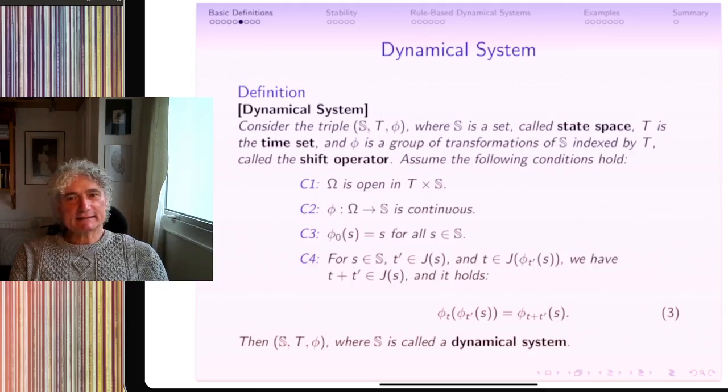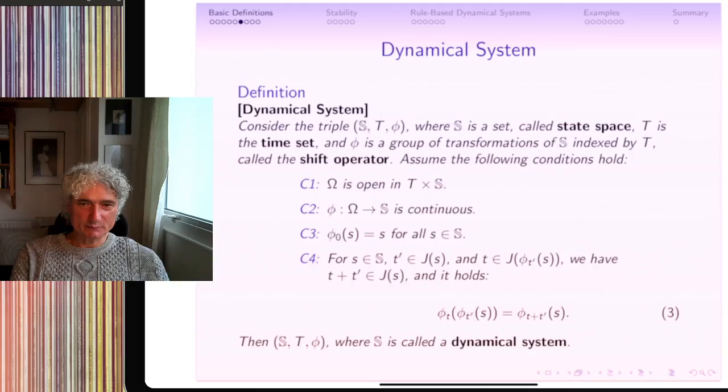For S in S and some time t prime in the existence interval of S, and t in the existence interval of phi t prime of S, we have that also t plus t prime must be in the existence interval of S, and with that it holds that the operator phi t applied to the operator phi t prime, which was already shifting element S, must give you exactly the same result as if you just take the operator phi and go over the whole time interval t plus t prime of s.